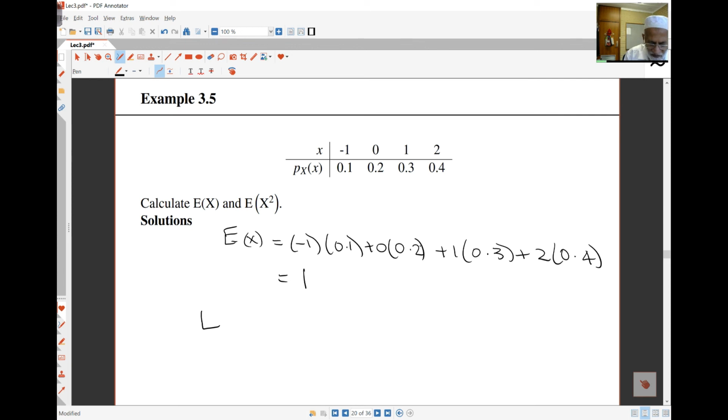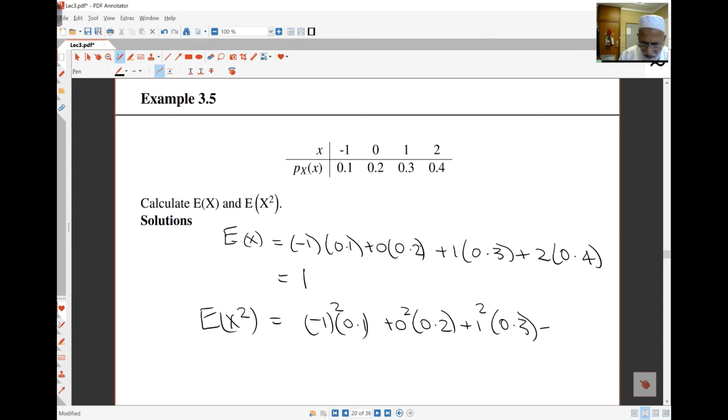If I look at E of x squared, then the number gets squared first. So -1 squared times 0.1, 0 squared times 0.2, 1 squared times 0.3, and 2 squared times 0.4.